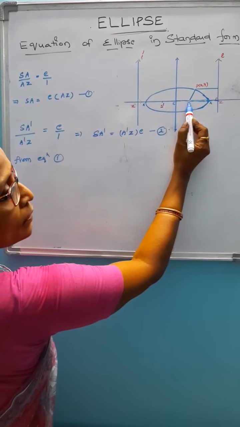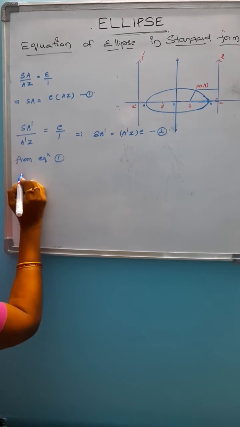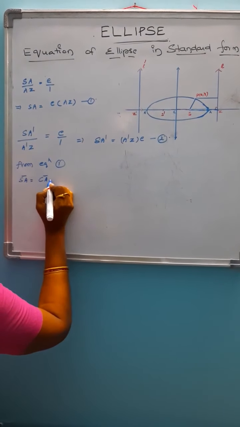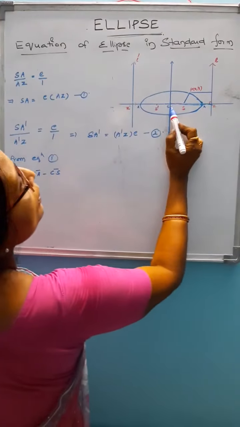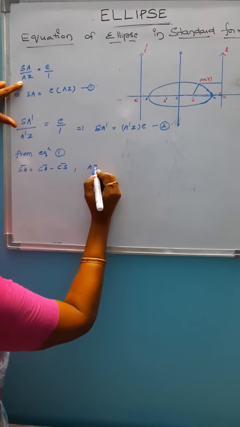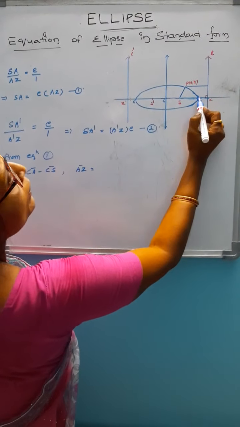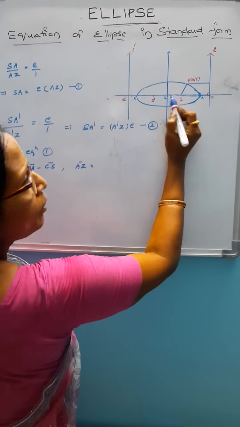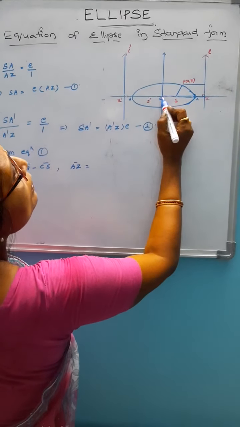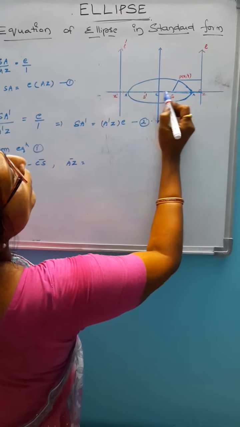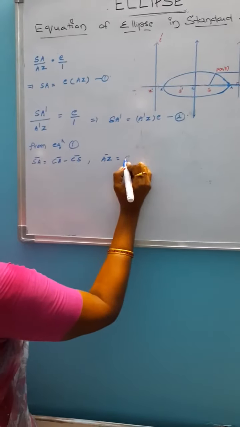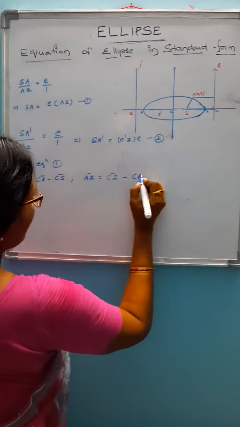From equation 1, SA can be written as CA minus CS. The line segment SA is equal to CA minus CS. Similarly, AZ is equal to, we write with C because C is the origin, CZ minus CA. AZ can be written as CZ minus CA.